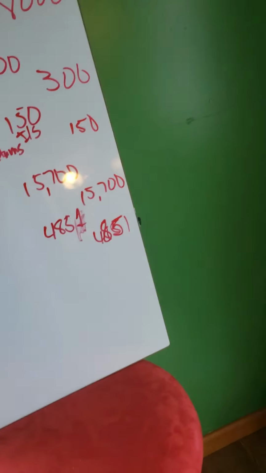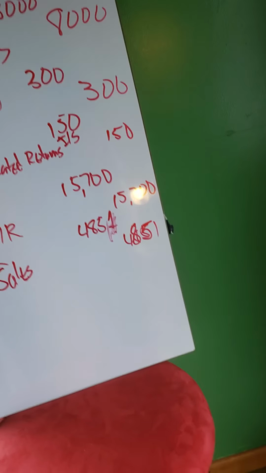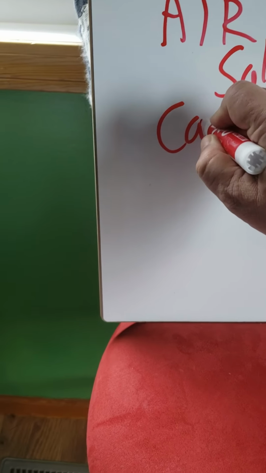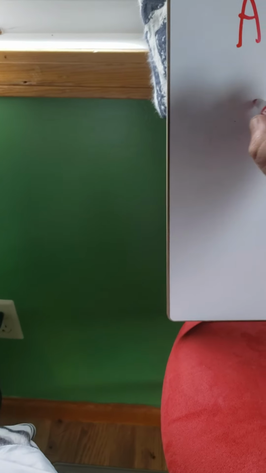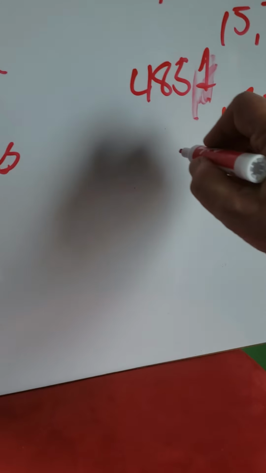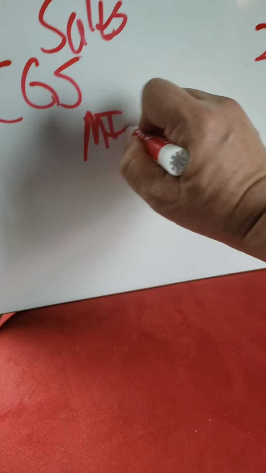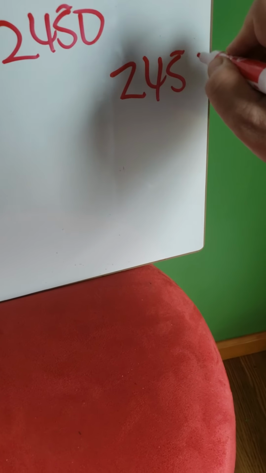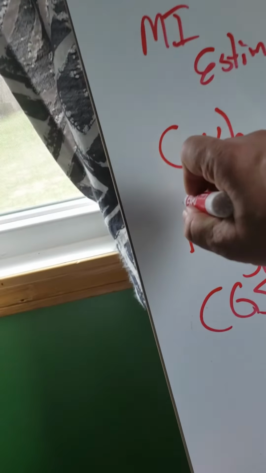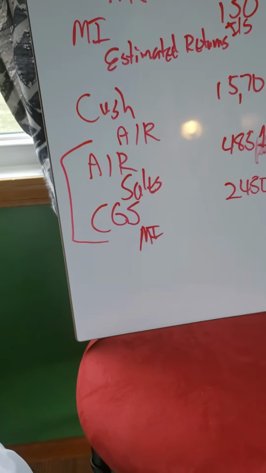And then the second entry, remember this is a sale, so there have to be 2 entries here. It's my cost of goods sold for $2,450 and my merchandise inventory. Again, those are the 2 entries for that sale.